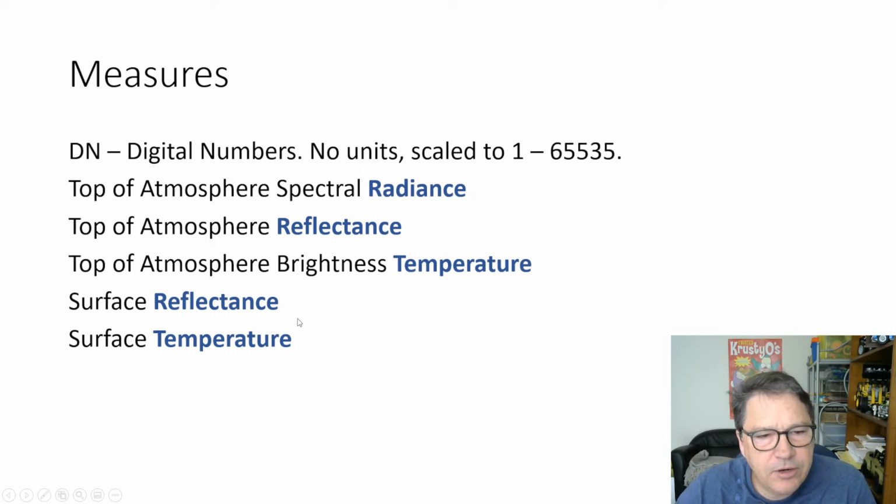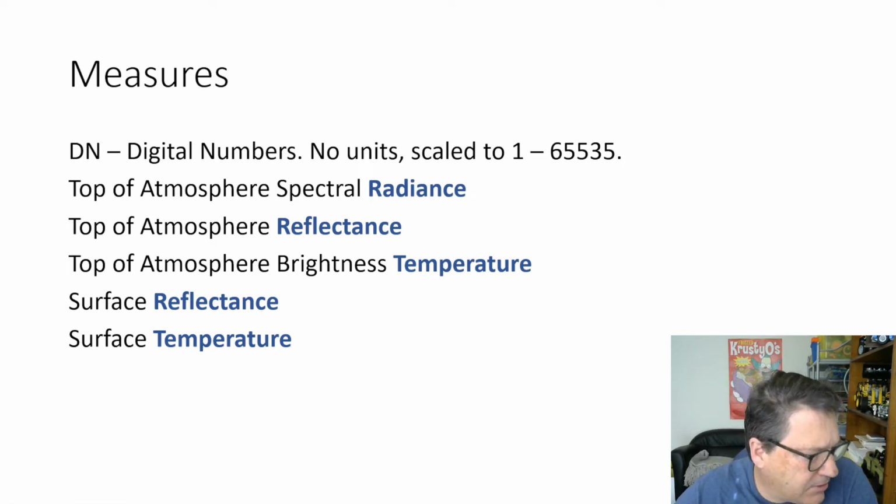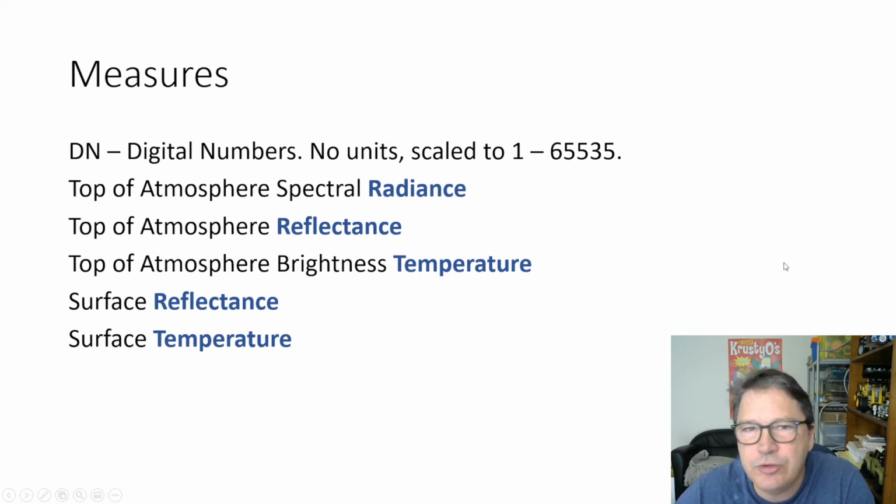It's also highly corrected, so whether or not it's the best data to use is another question, that we'll look at in the next few slides. But generally speaking, surface reflectance and surface temperature are what you want to use for doing your processing.